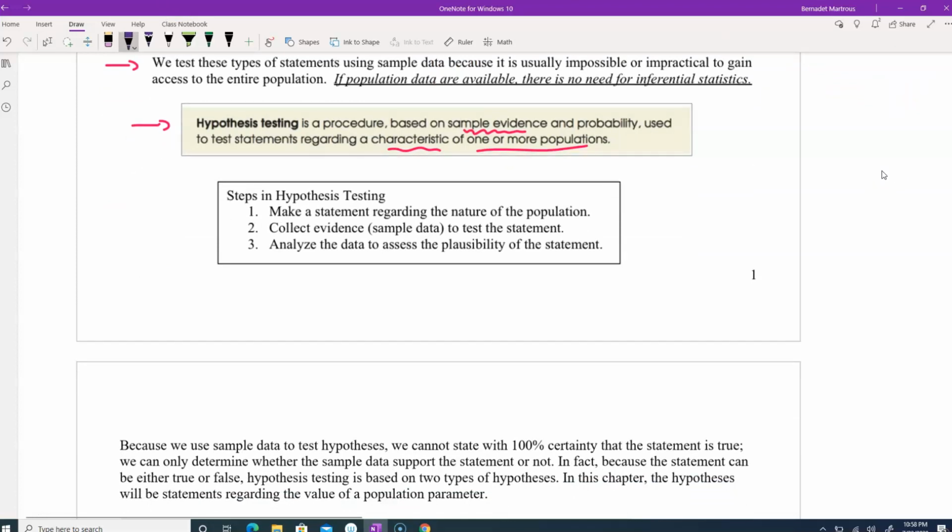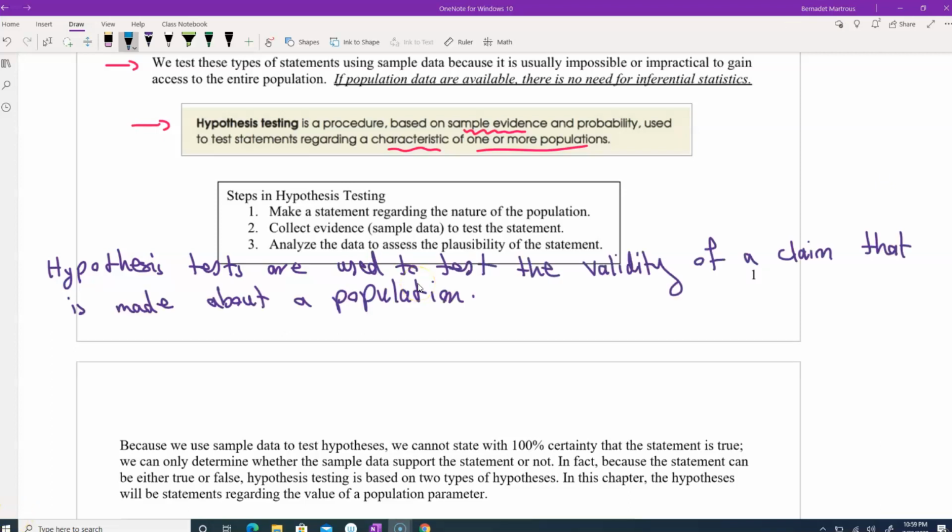Here I want to give other words for hypothesis test. Hypothesis tests are used to test the validity of a claim that is made about a population. The claim is called the null hypothesis.